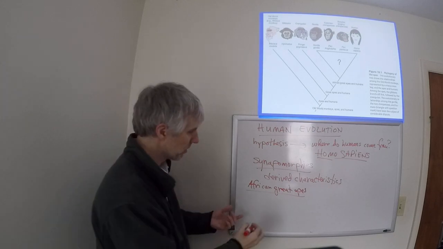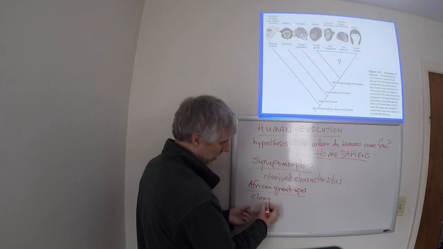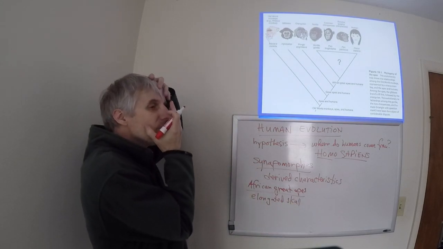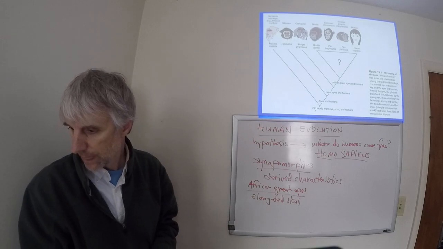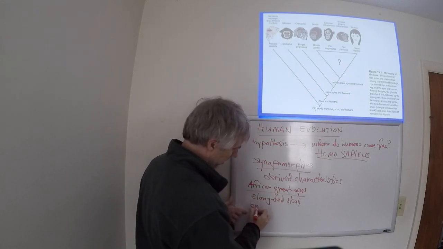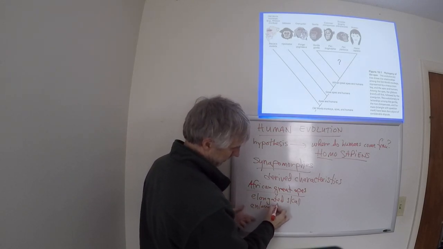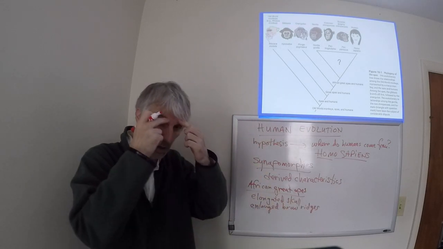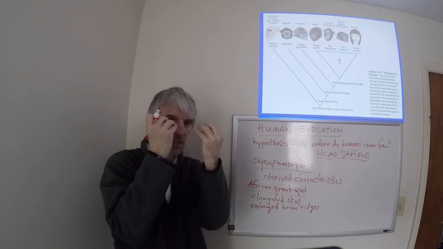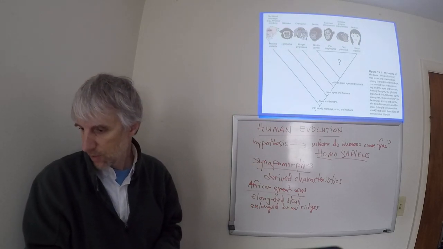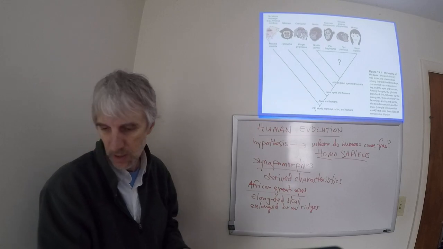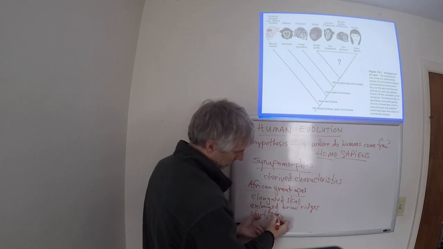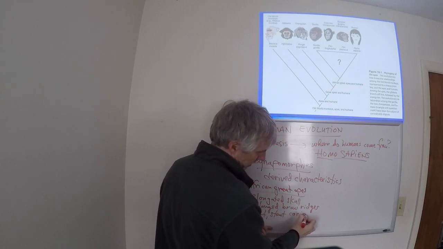So these would include an elongated skull, right? Elongated skull, along with enlarged brow ridges. So along here, they tend to stick out a little bit. Those are enlarged brow ridges. Short, stout canines.